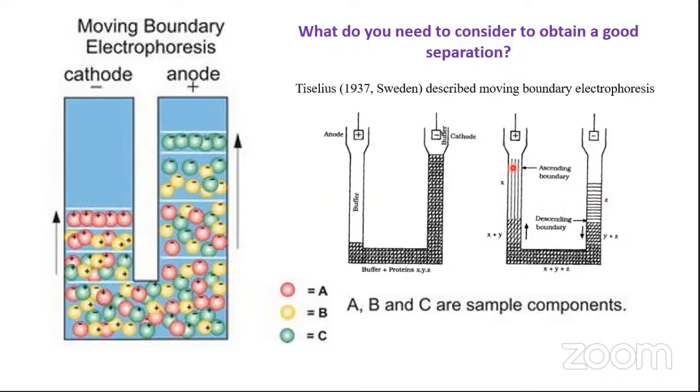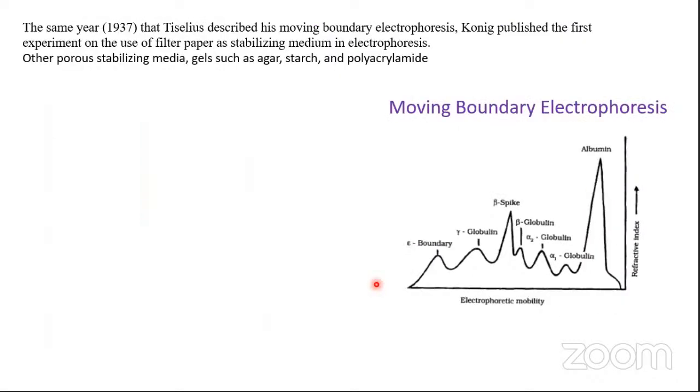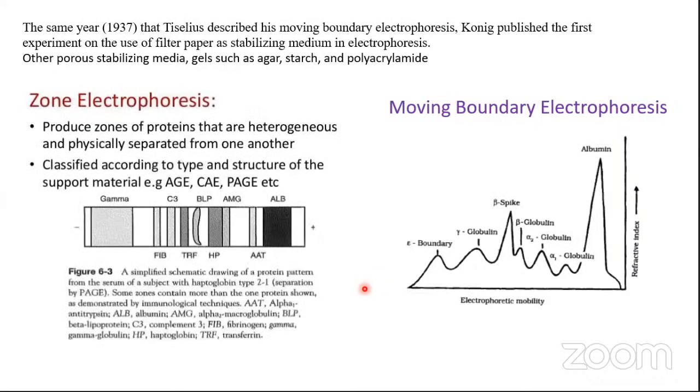That means only the fastest moving molecule and the slowest migrating molecule are getting localized in the zones. However, in actual zone electrophoresis, you get the molecules separated in individual bands. So is this not a very good kind of resolution that anybody can expect compared to this resolution?